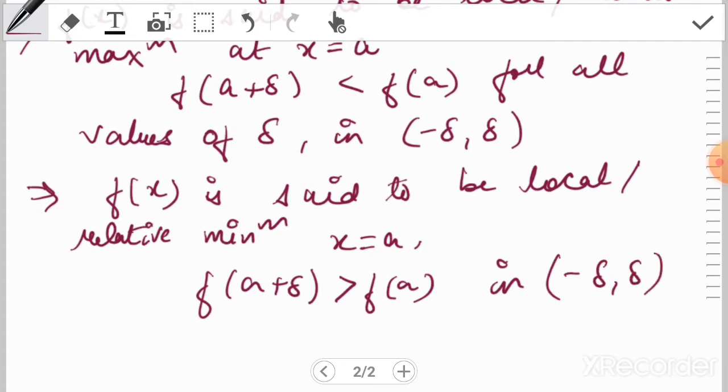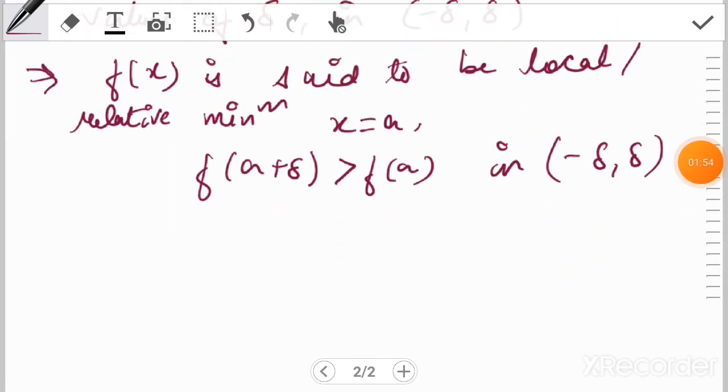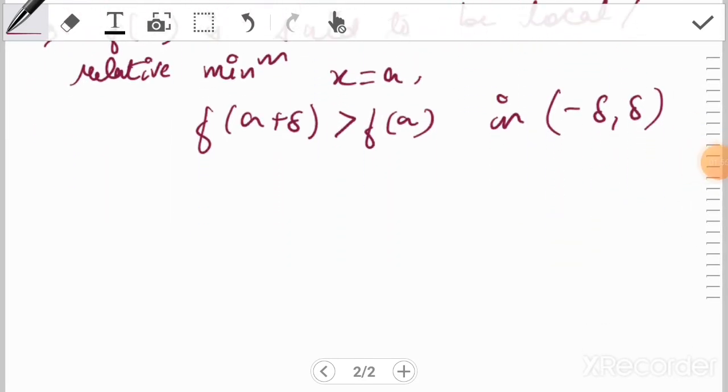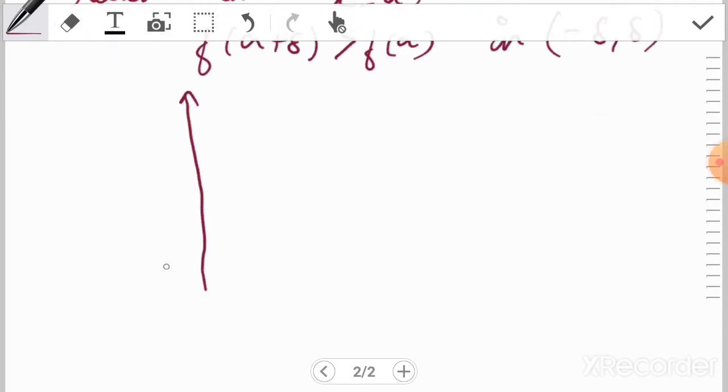Maximum and minimum values are also called extreme values, right? So let us understand this with the help of a plot, a graph.